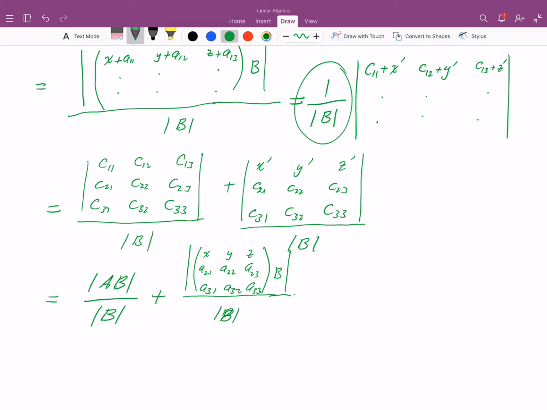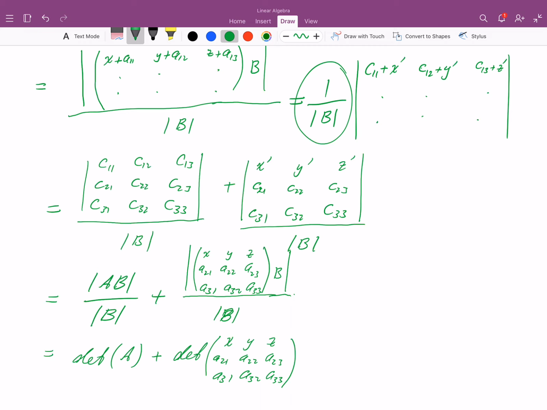And there we are. This is basically the determinant of A plus the determinant of X, Y, Z, A21, A22, A23, A31, A32, A33.